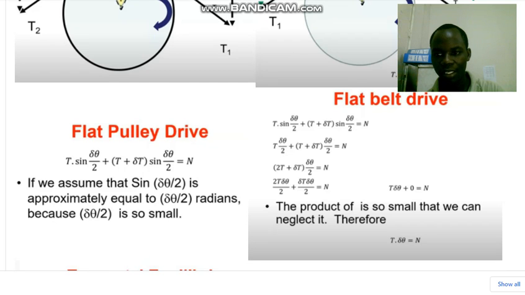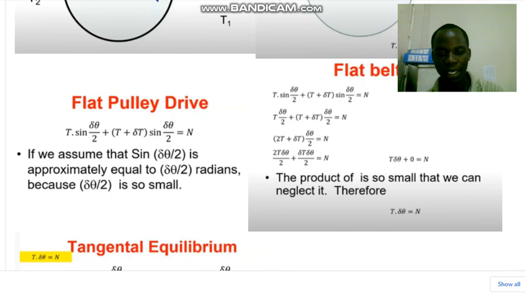Therefore, the tension T times the small angle delta theta gives us the normal reaction N.